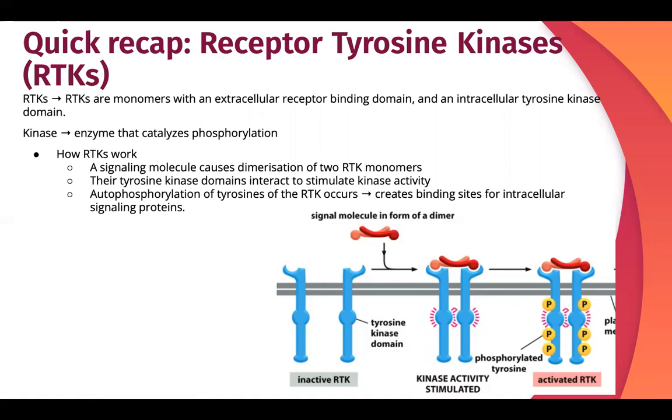Their tyrosine kinase domains, which are shown in pink here, will interact, and they will simultaneously phosphorylate each other. So we call this autophosphorylation or cross-phosphorylation. And when these are phosphorylated, you can see we have our phosphates in yellow. This creates binding sites for intracellular signaling proteins, so more downstream proteins.